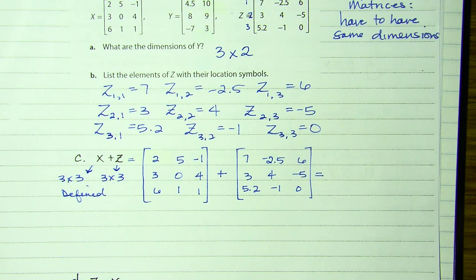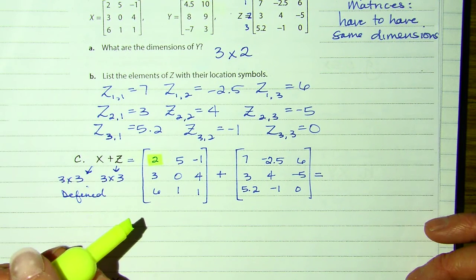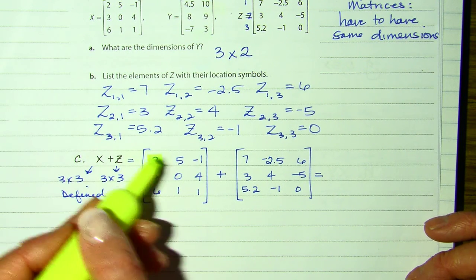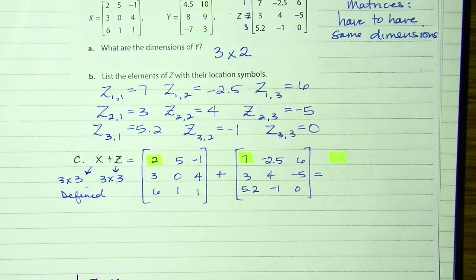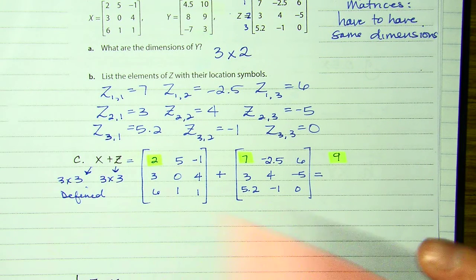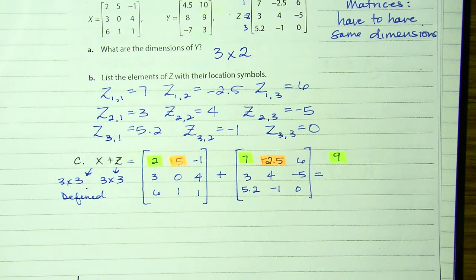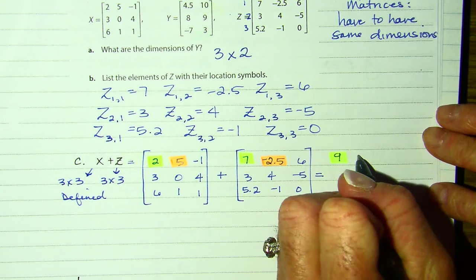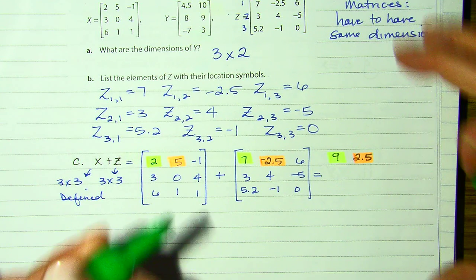Now, when we add, we have to match corresponding parts. So I have to add the top left number. I have to match it with the number I add over here. So the number in the second matrix is in the same position as this one. So I would add those 2 numbers, and 2 plus 7 is 9. Next, I would add 5, the top middle, to the top middle in this one. So 5 plus negative 2.5 would go here, and that would give me 2.5. Then I'm just going to keep matching.